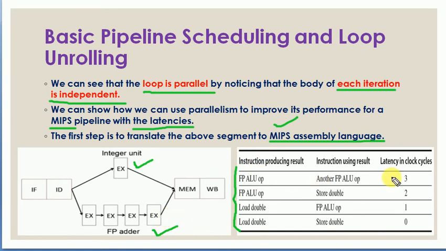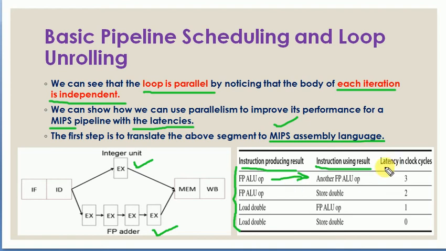Now in this table, the first column indicates the instruction producing a result. We have given some examples where an instruction is producing a result, and the second column indicates the instruction that is using this result. So this one will be producing a result, and this one will be utilizing the result produced by the first instruction.